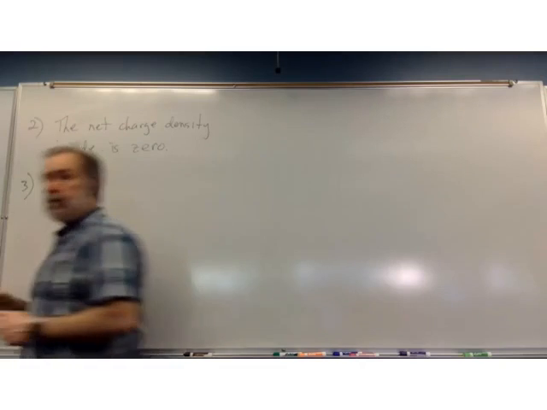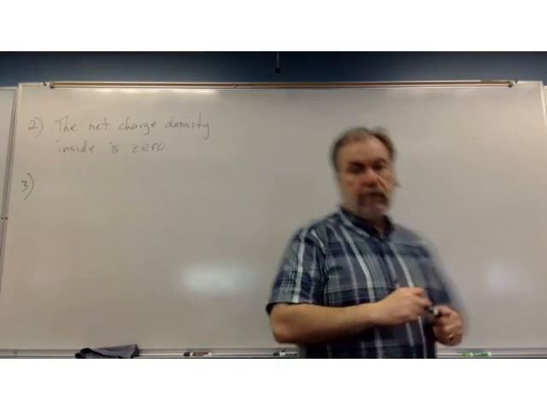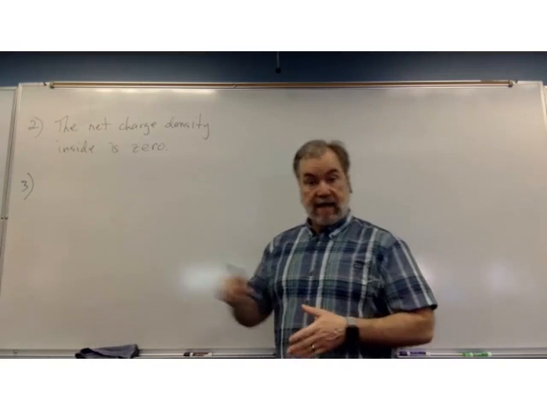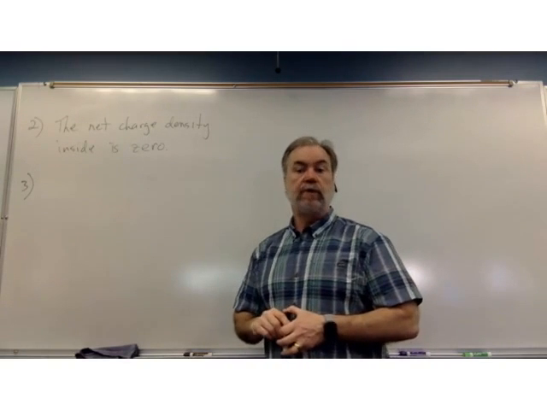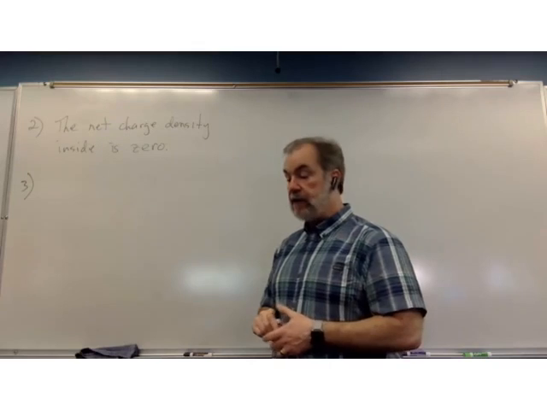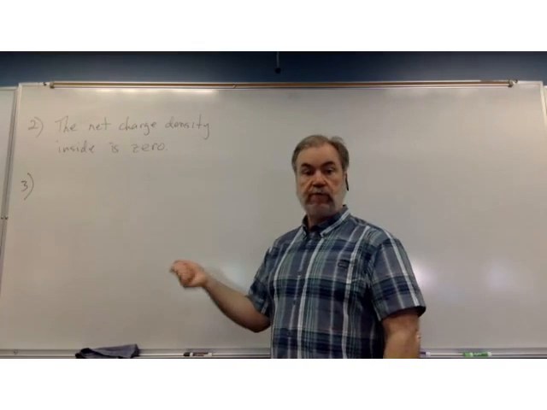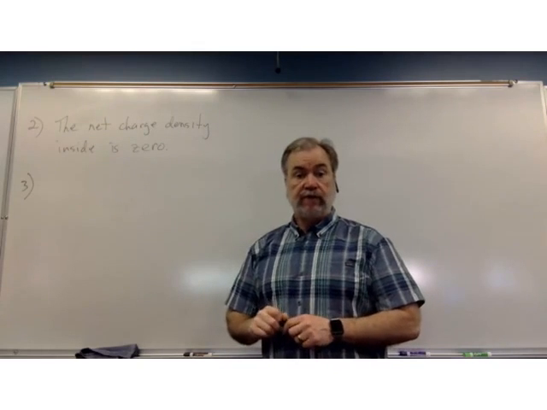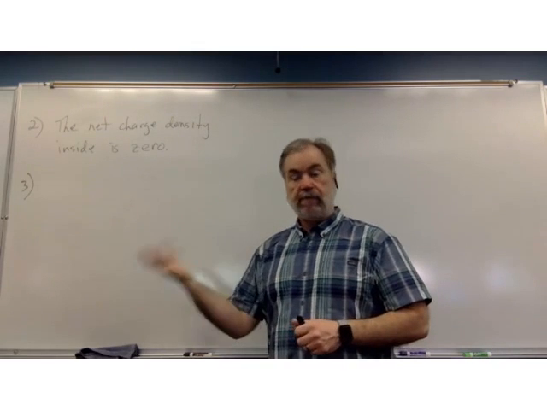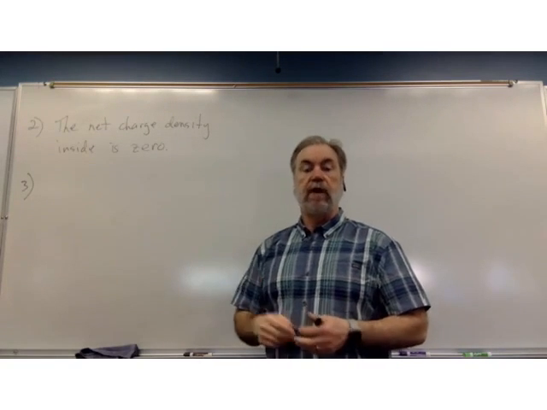Now, for property number 3, I could, of course, add external charge if I wanted to. We've done that several times during the course of the quarter. I could artificially have some source of charge, rub a plastic rod and touch the conductor, and charge would transfer either from the rod to the metal or from the metal to the rod, whatever.